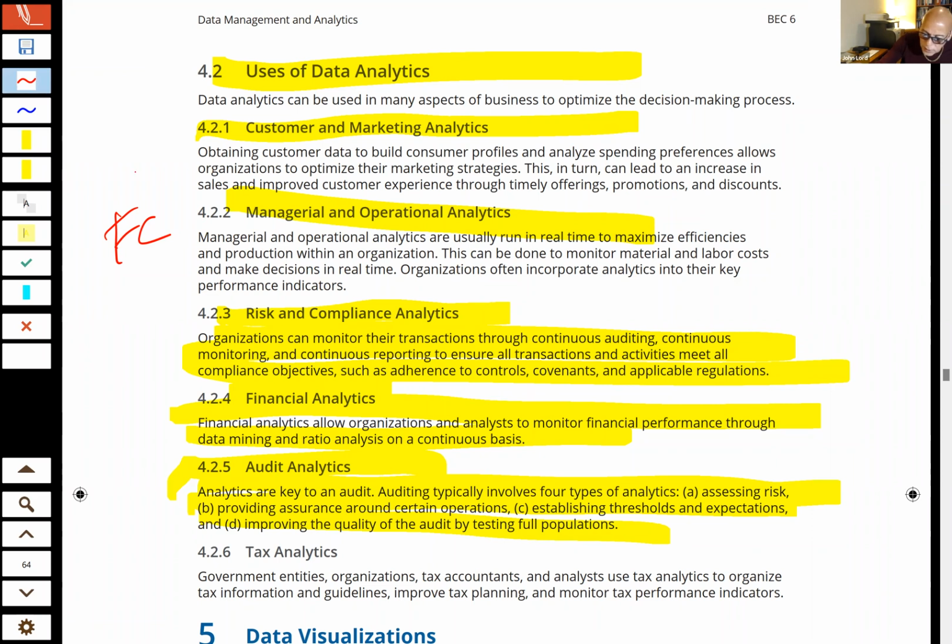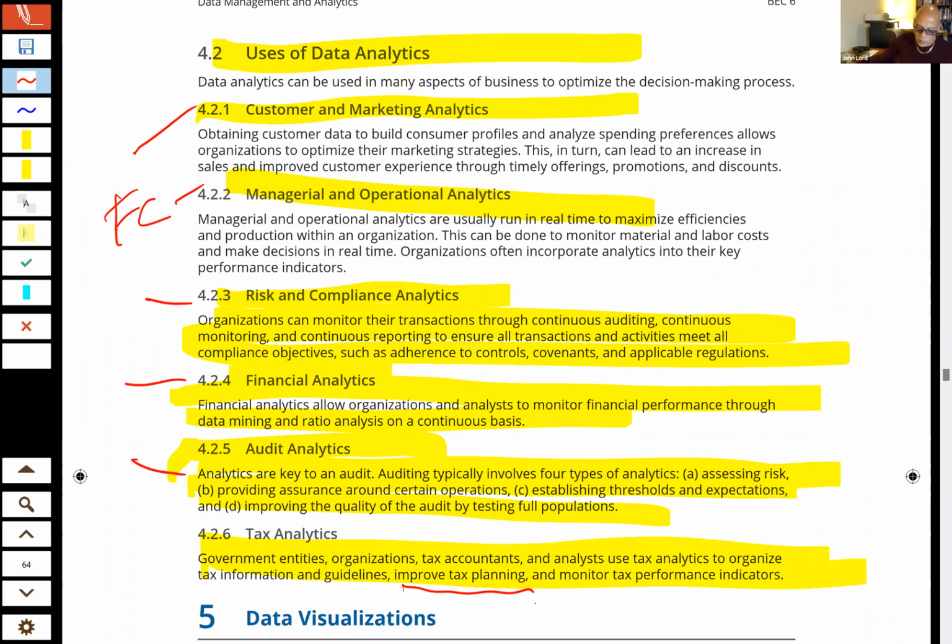So flashcard the nature of these analytics, and then tax analytics. They say government entities and tax accountants can use these for tax planning purposes, which is probably an area that's actually done. There's quite a bit of that being done now.